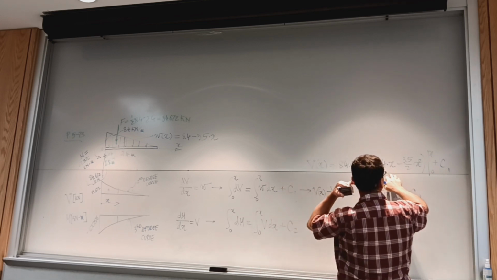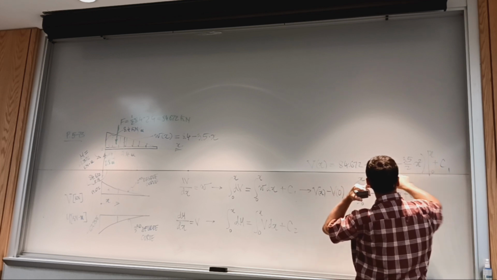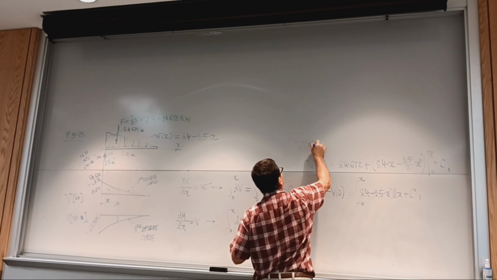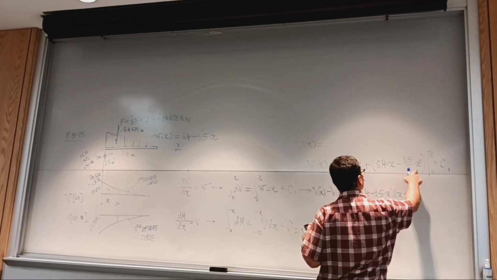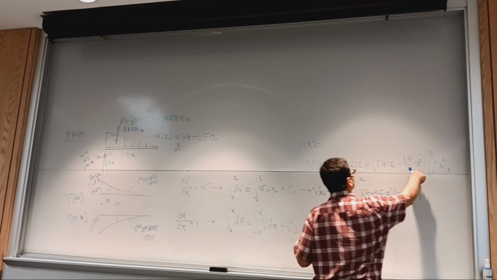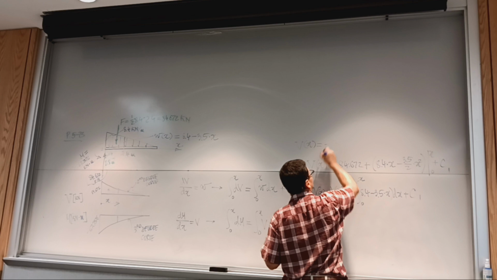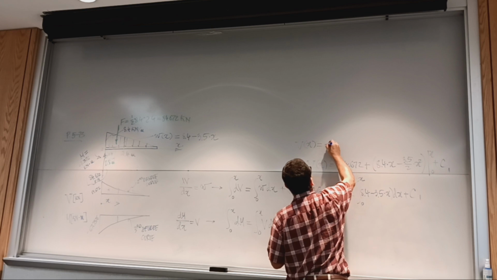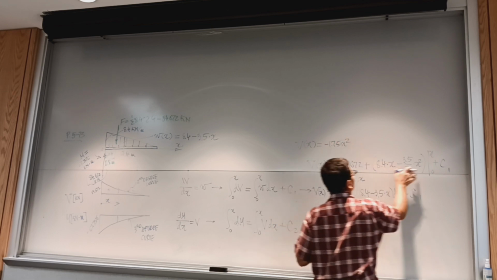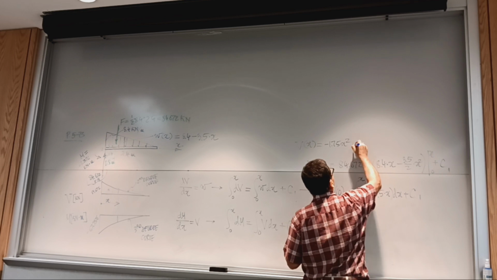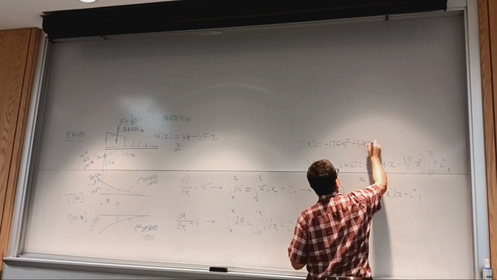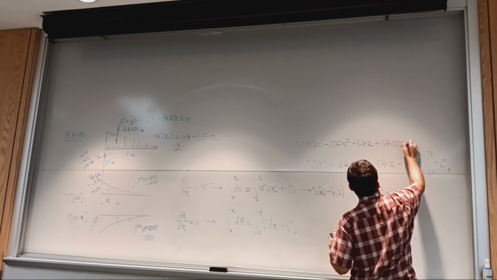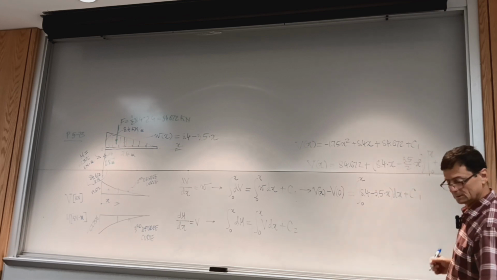If I take 0, this is 0, this is 0, so V of x equals, and let's move the second degree term first, negative 1.75 x squared, plus 8.4x, plus 84.672 plus C1.